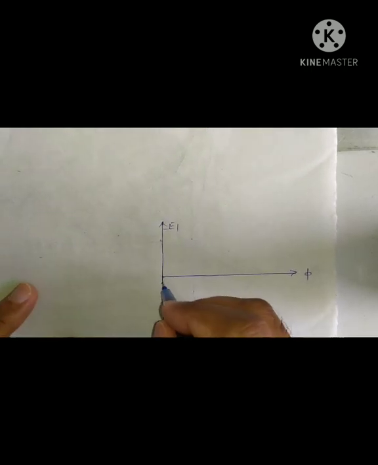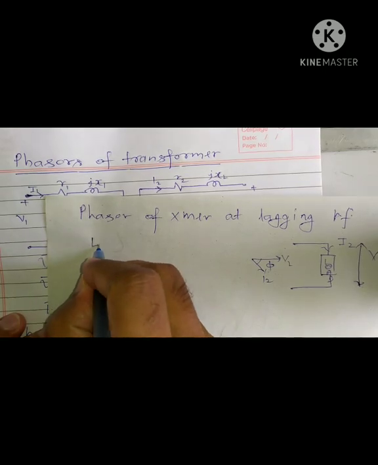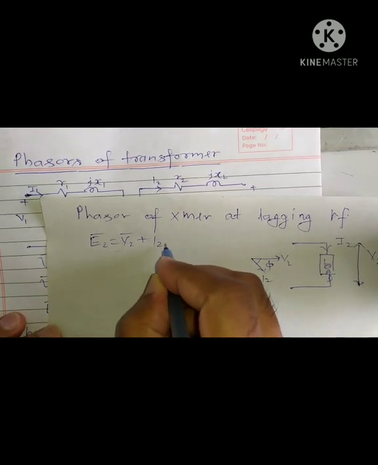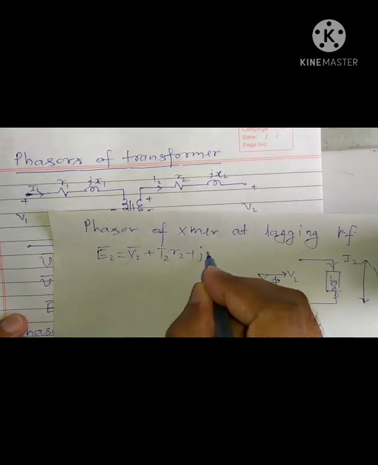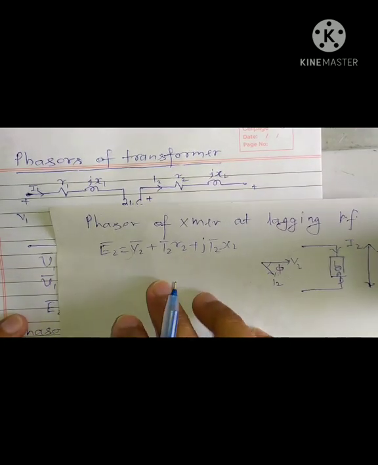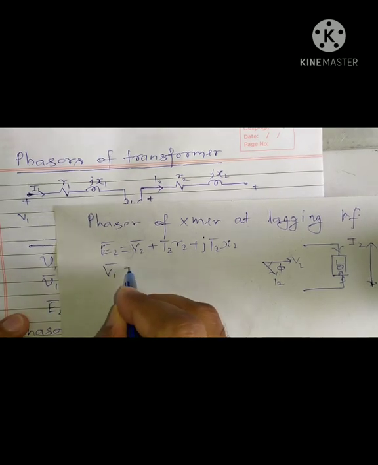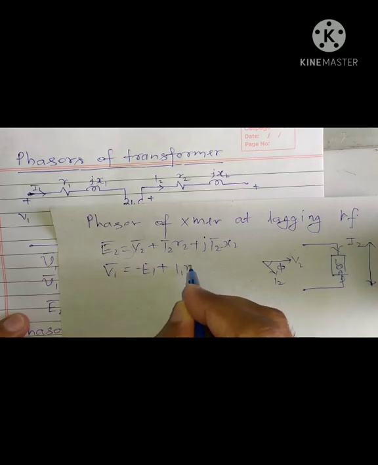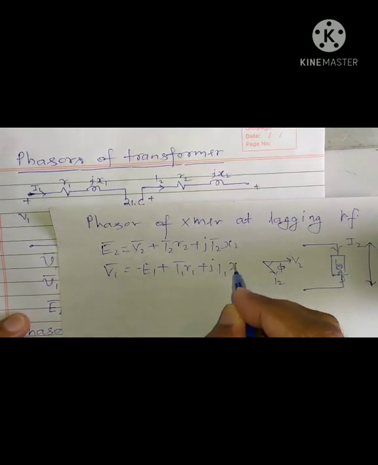Now voltage V2, as we know, E2 is V2 plus I2R2 plus J I2X2, the secondary side voltage equation, and the primary side voltage equation is V1 equal to minus E1 plus I1R1 plus J I1X1.